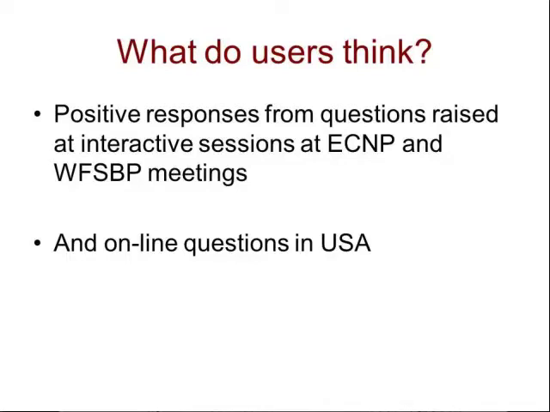We've done it at the World Federation and the EPA meeting. So we've done quite a comprehensive analysis of what users think. Over 1,200 people have responded to questionnaires either at meetings or online. And the feedback has been almost universally positive. People like the information presented this way. It helps them understand much better what drugs are doing and how to use them.